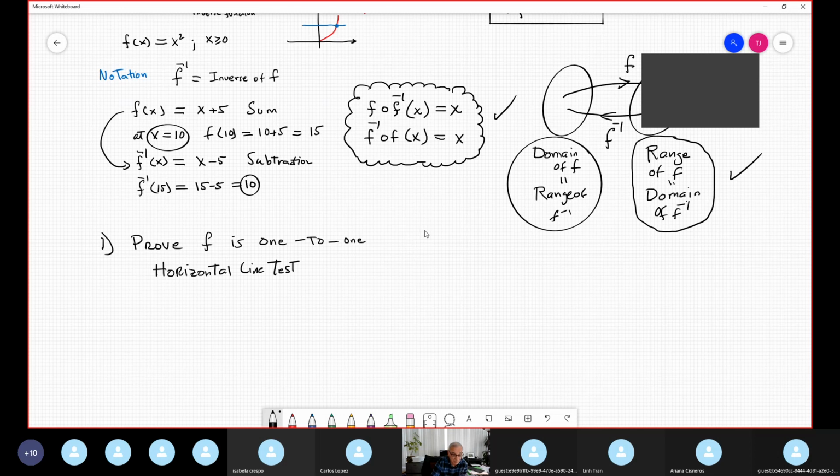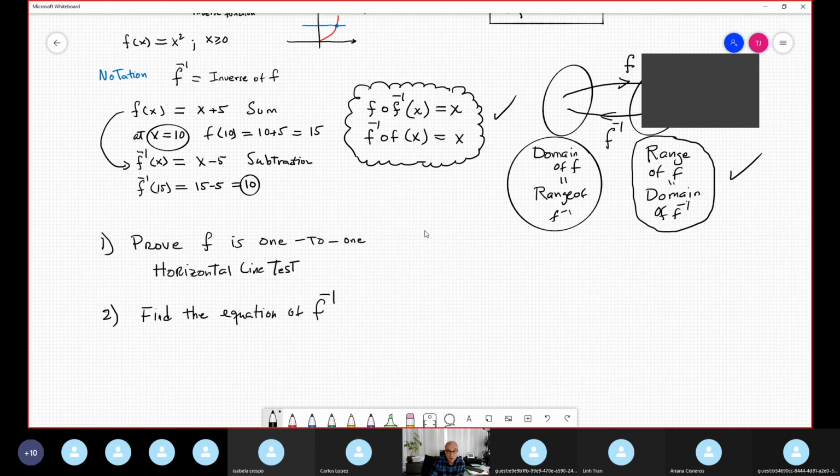You have the function, no? You have the equation for the function. You graph it, which is very complicated using decimals, and you apply the horizontal line test. If it passes the test, now step 2 is to find the expression or the equation of the inverse function.